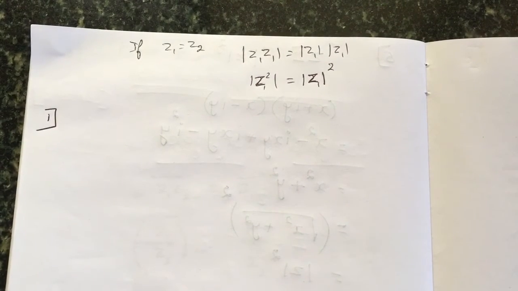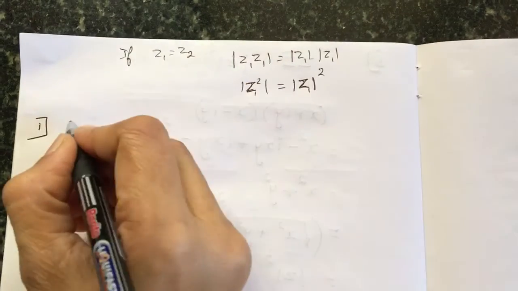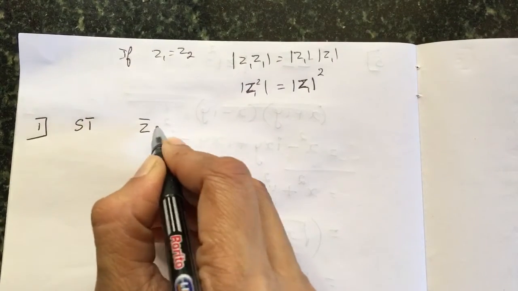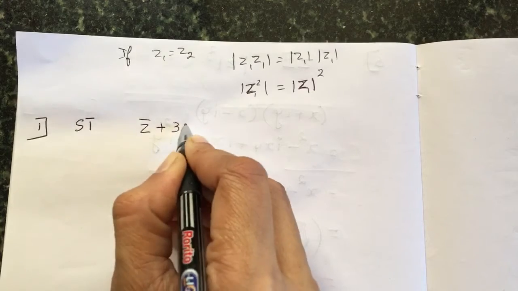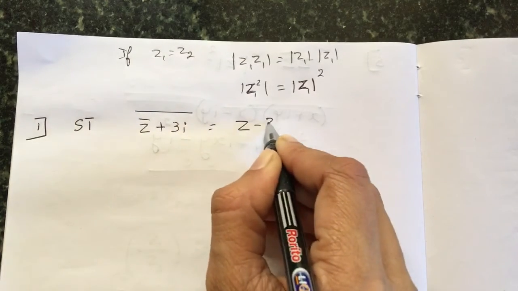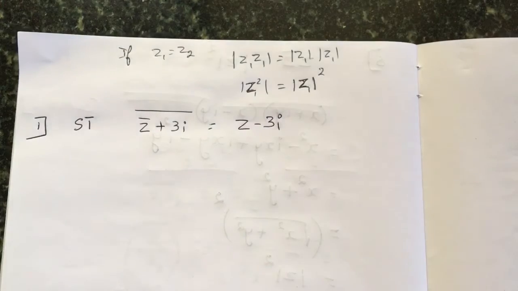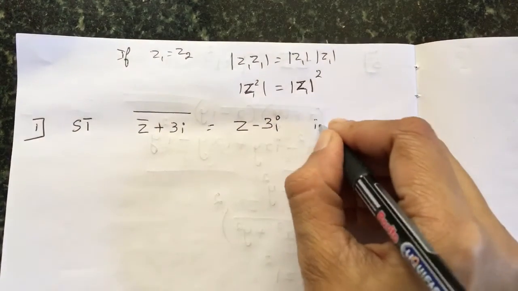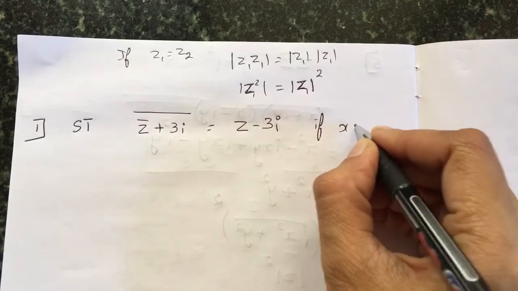Show that the conjugate of z bar plus 3i is z minus 3i, if z is x plus iy.